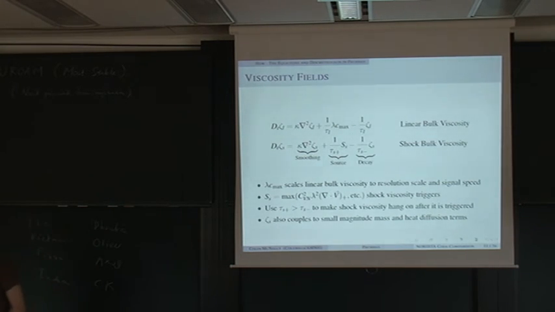Another trick here, which is similar to the time varying artificial viscosity in SPH, is that you can make this thing rise quickly and then hang on and drop off afterward in an exponential manner by having different time scales in the source and decay term for the shocks. So it rises up fast and then drops off, just like the Morris and Monaghan artificial viscosity in SPH.